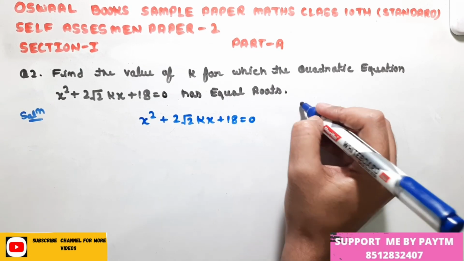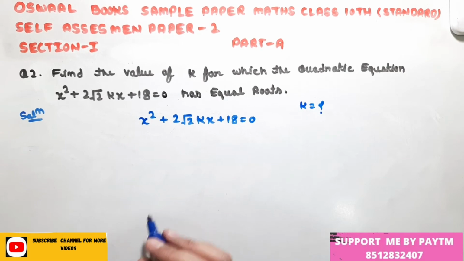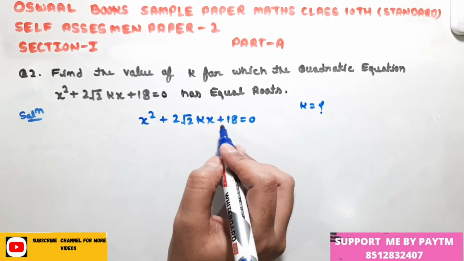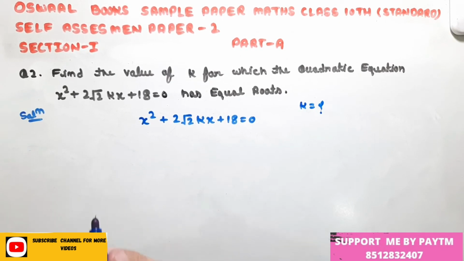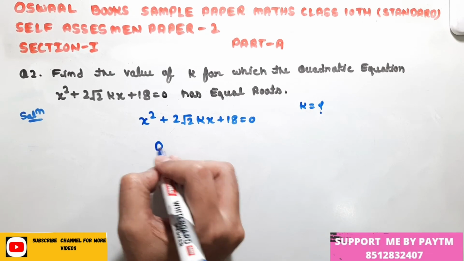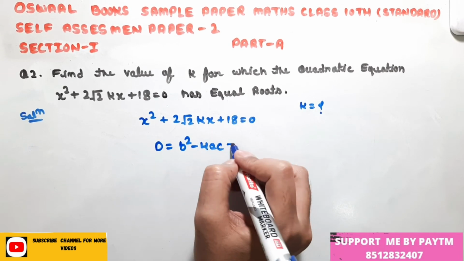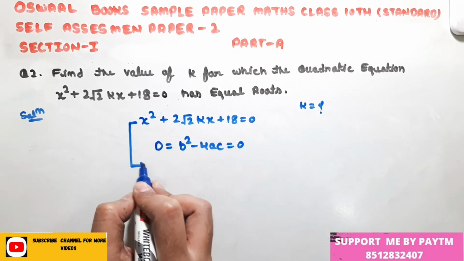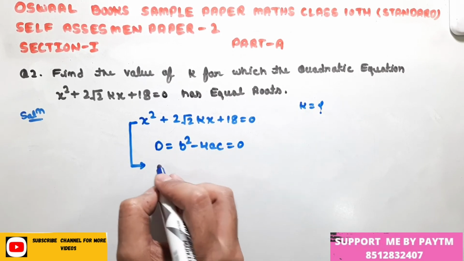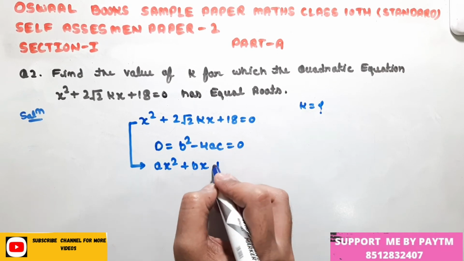We have to find the value of k so that the roots of this quadratic equation are equal. We know that when the roots of a quadratic equation are equal, then discriminant D, that is b square minus 4ac, equals to 0. Now comparing this quadratic equation with the standard form of quadratic equation, that is ax square plus bx plus c.